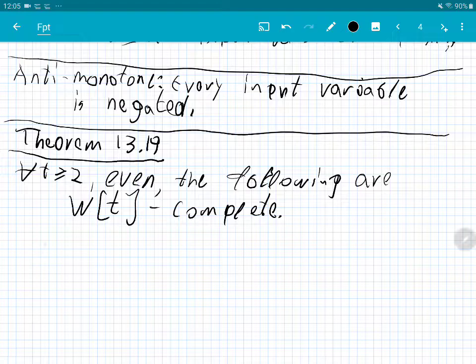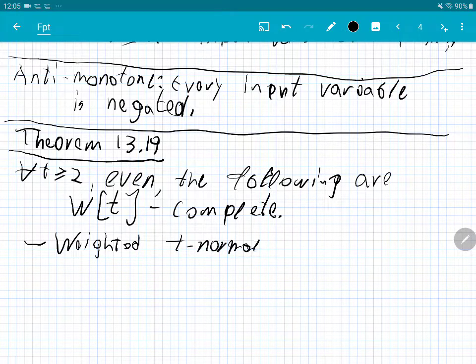Weighted T normalized satisfiability, right?